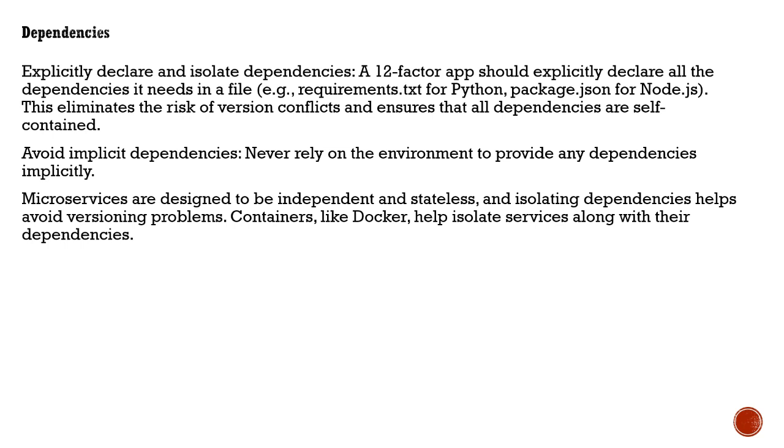This eliminates the risk of version conflicts and ensures that all the dependencies are self-contained and available. So you should avoid any implicit dependency. Never ever rely on the environment to provide any dependencies.